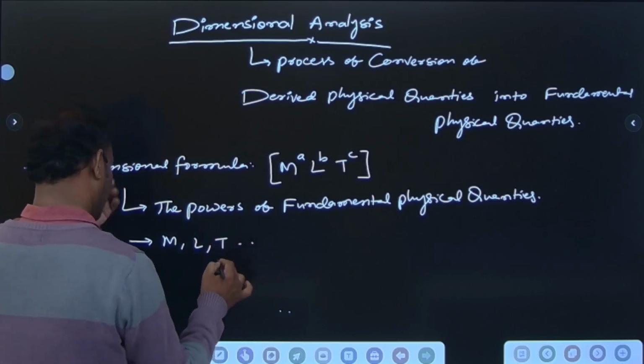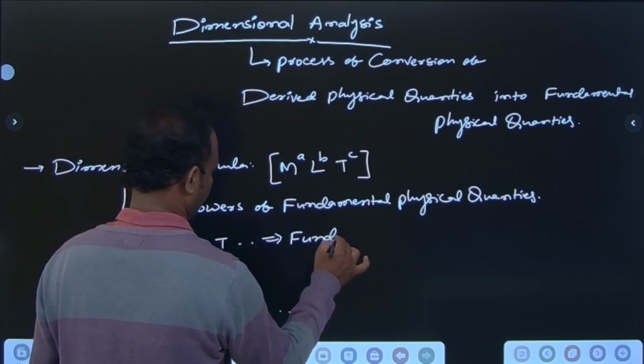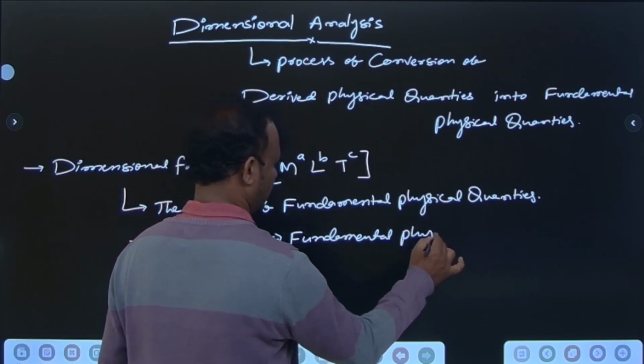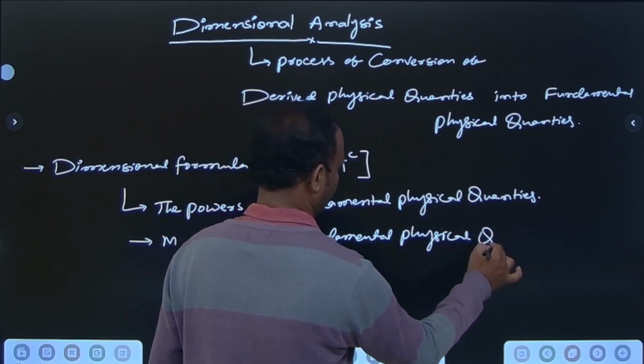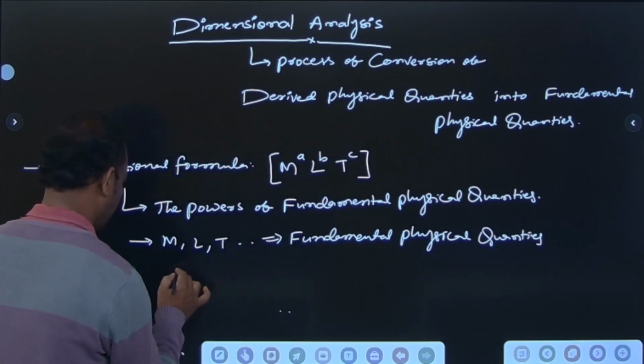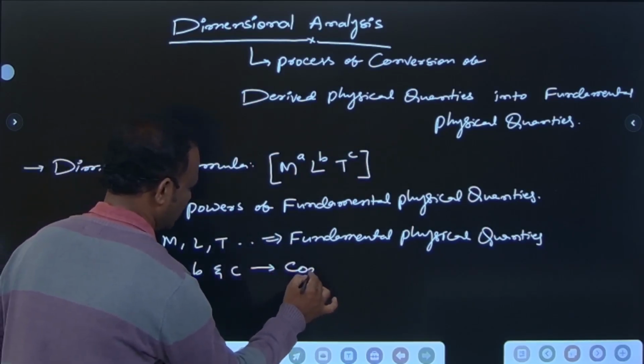These seven are called fundamental physical quantities, and a, b and c are called constants.